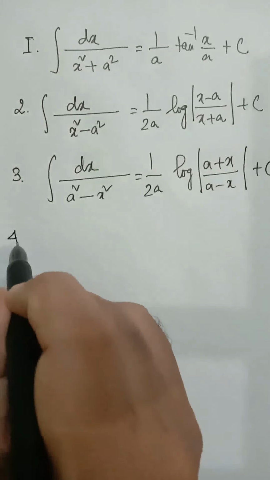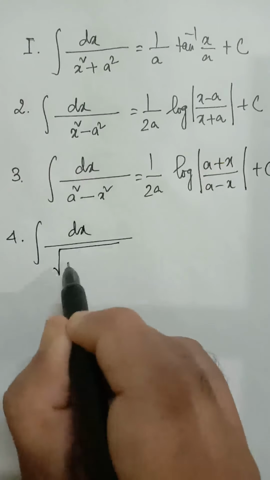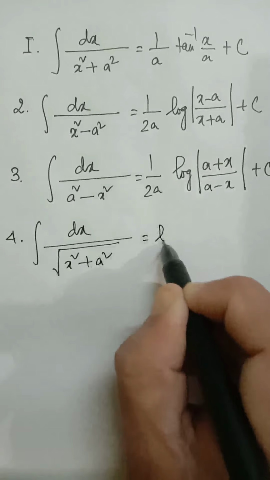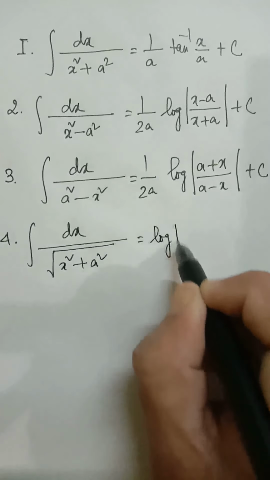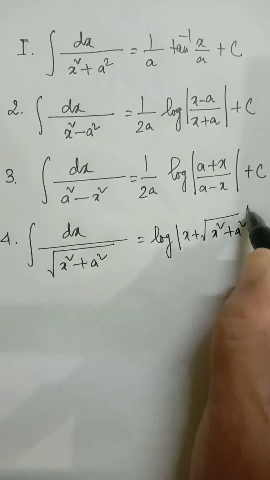Number 4: dx by root over x square plus a square is equal to log of x plus root over x square plus a square.